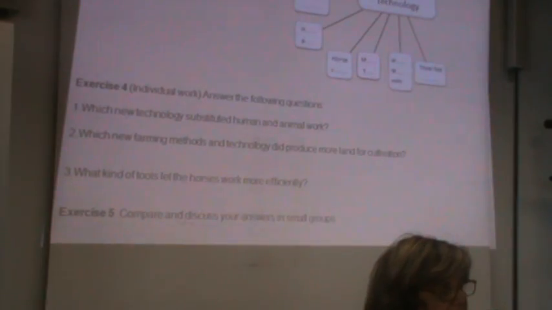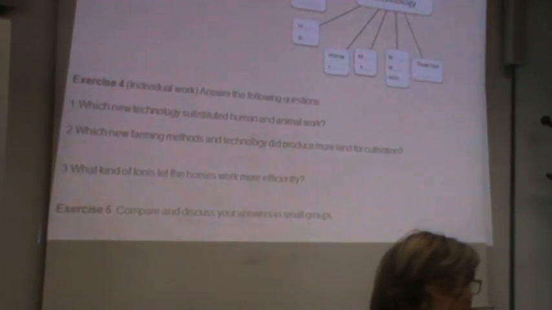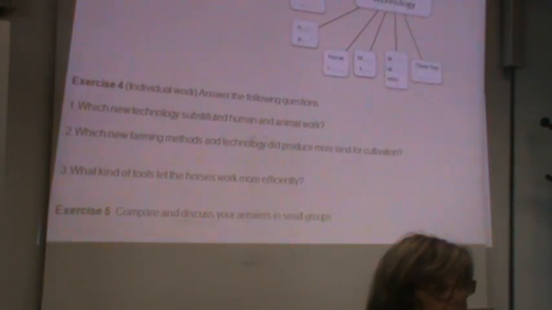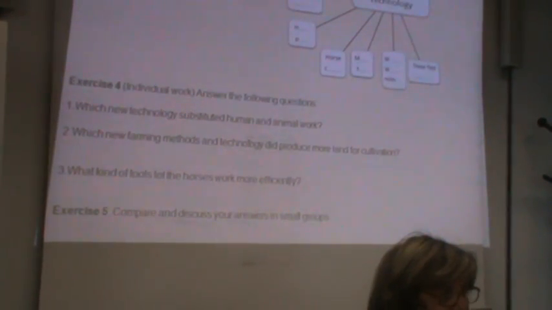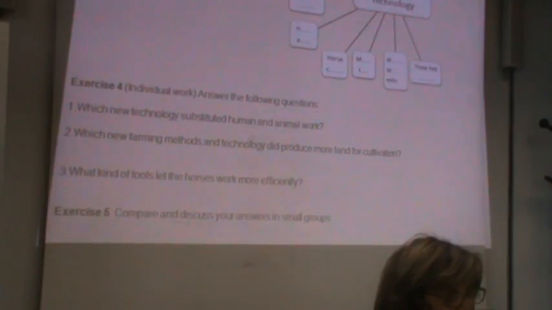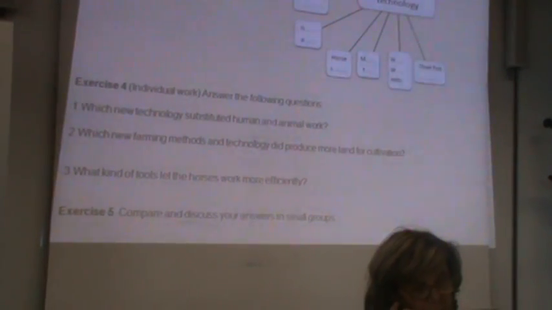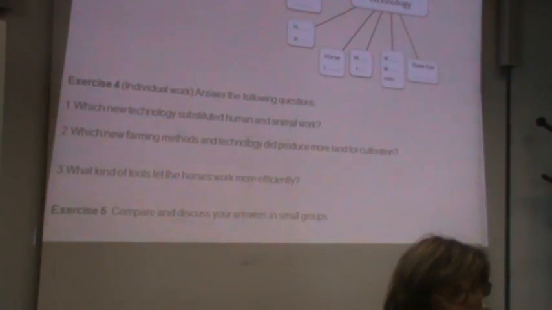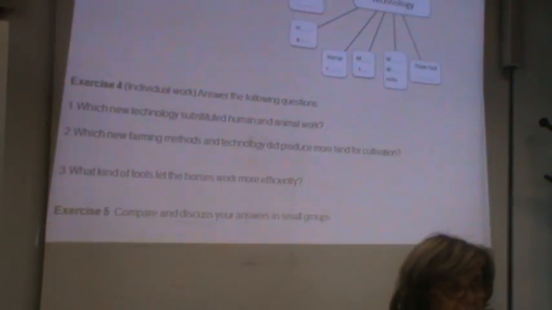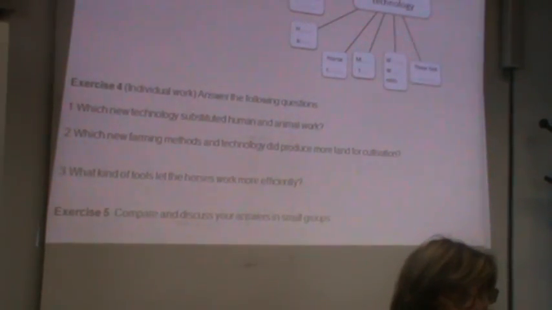The third exercise is individual work. The students have to complete a map. The fourth exercise is individual work, and exercise 5 is in small groups. They have to compare and discuss what they learned above in their exercises.